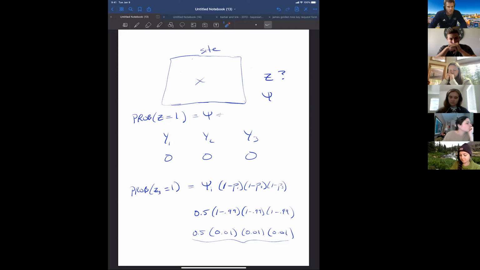Okay, so it turns out that Z is conjugate. And the proposal distribution that we're thinking about here, the probability of occupancy and the probability that we didn't see it 3 times, turns out to be the distribution for, let's see, the probability of success from a binomial distribution.